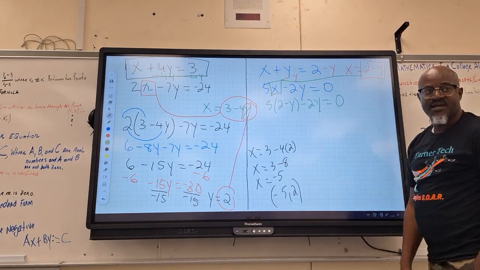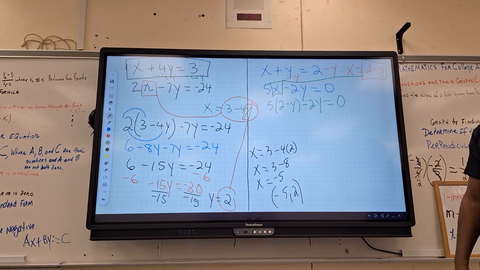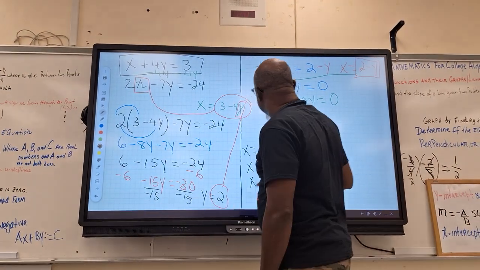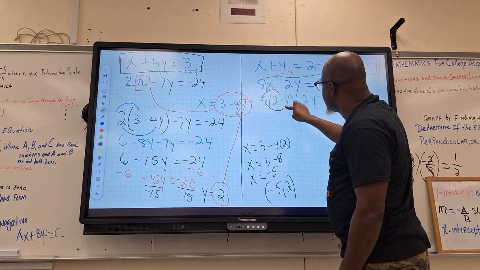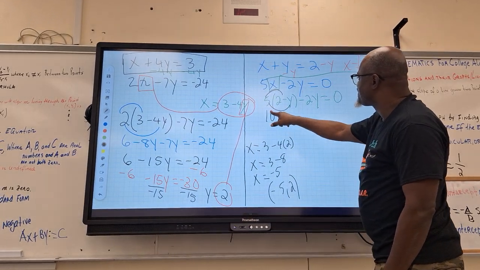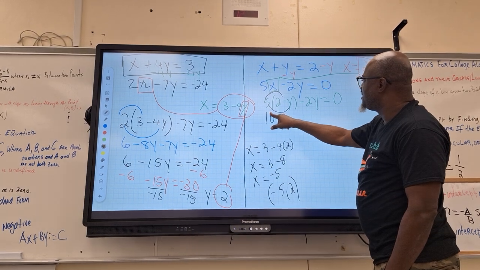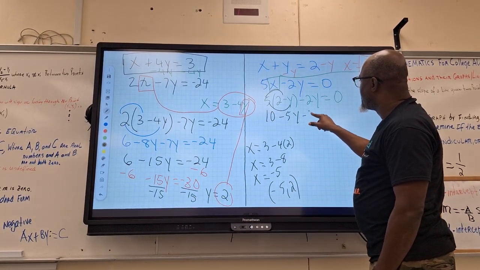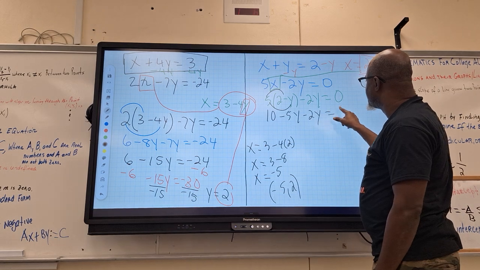Then what will you do? Distribute. You do this with the distributive property. Then you end up with 10 minus 5y minus 2y is equal to 0.